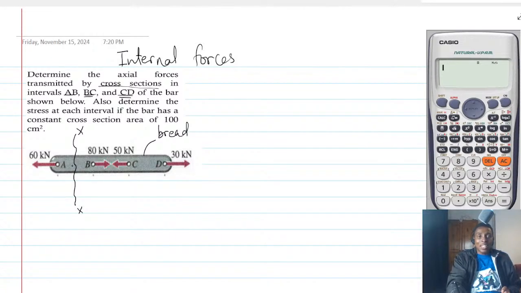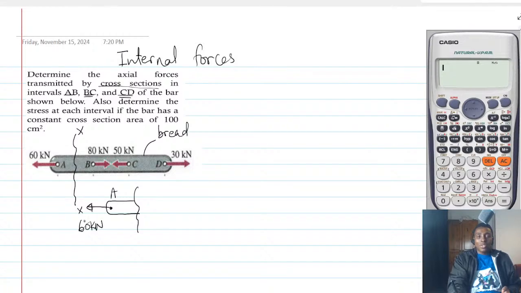So you will see that this portion which you have cut will be here. And you will see that this is A, and the force which is still acting here is 60 kilonewtons.